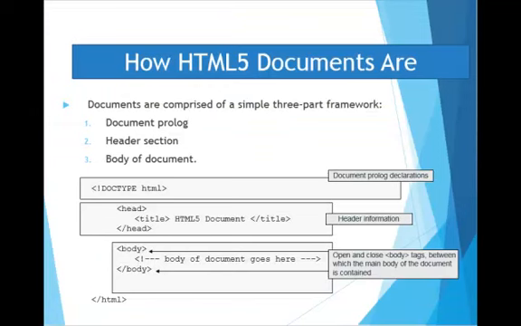HTML5 documents are comprised of three parts: the document prologue, the header section, and the body of the document. The html element is the root element of an HTML5 document, within which every other element in the document is contained. If you recall the discussion in the videos on nesting of elements, it's very important that the document begins with this html start tag and ends with the /html end tag.